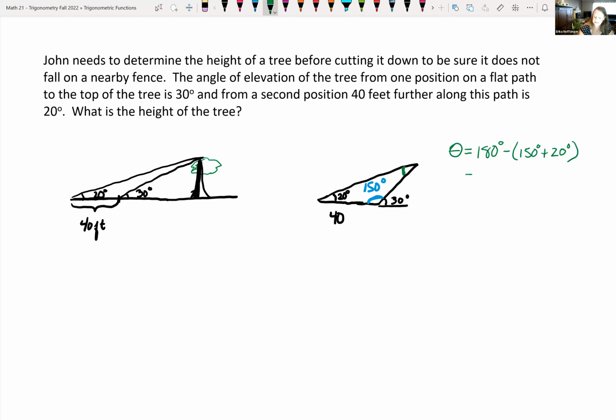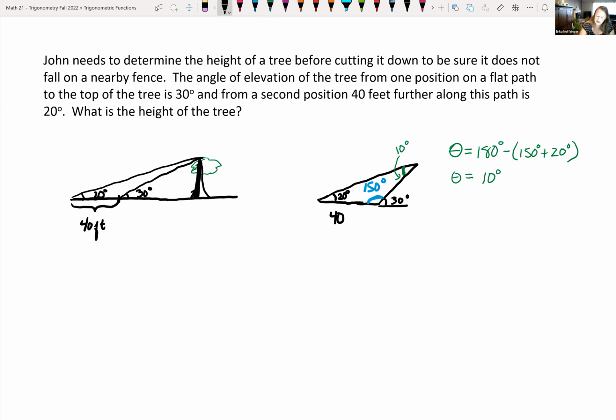So that's 170 degrees. So 180 degrees minus 170 is 10 degrees. So now we know an angle and we know a side across from that angle. So let's use the law of cosines, not law of cosines, law of sines.